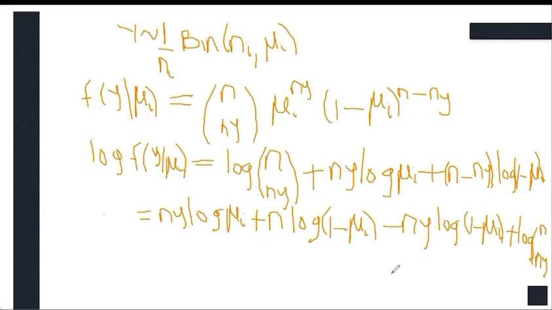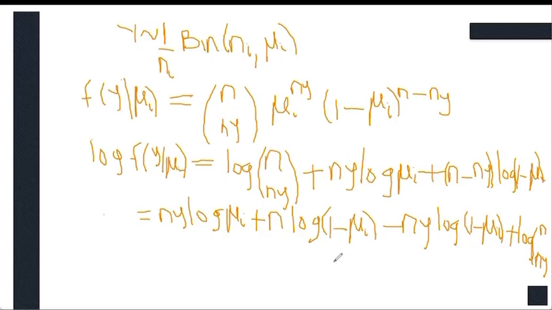So now I have ny log that, plus that, and you can revisit that. When I was multiplying, this for that, and n into n minus y.